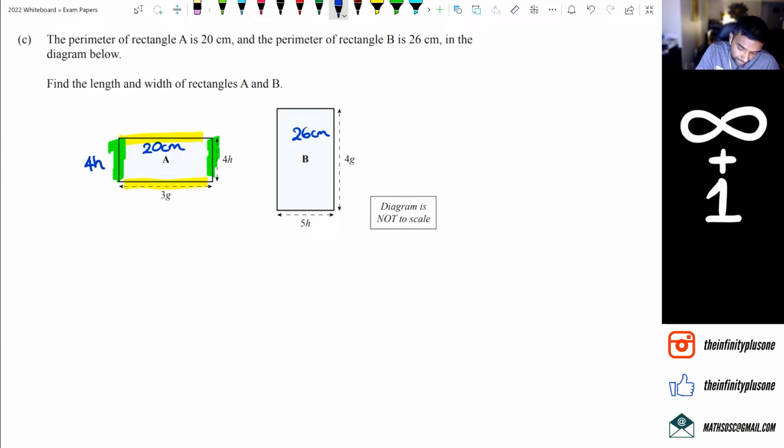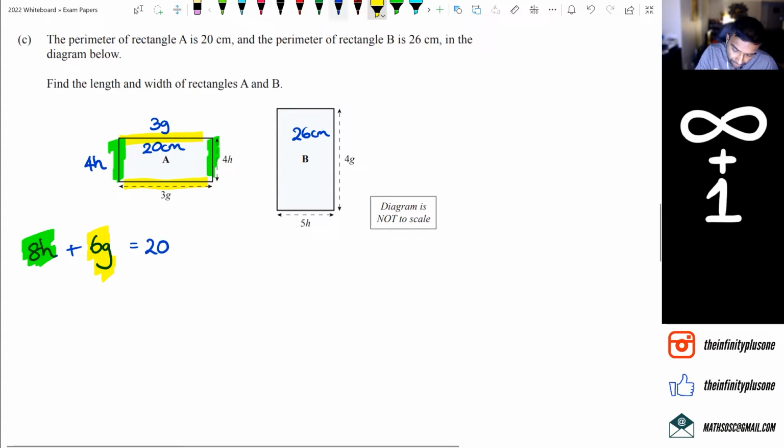So we've got 4H here as well because that's the green colored one. So 4H and 4H is 8H, plus we've got 3G at the bottom and we've got 3G at the top. So we add it together and we're going to get 6G, which equals 20. So just to highlight, the green part is worth 8H and the yellow part is worth 6G.